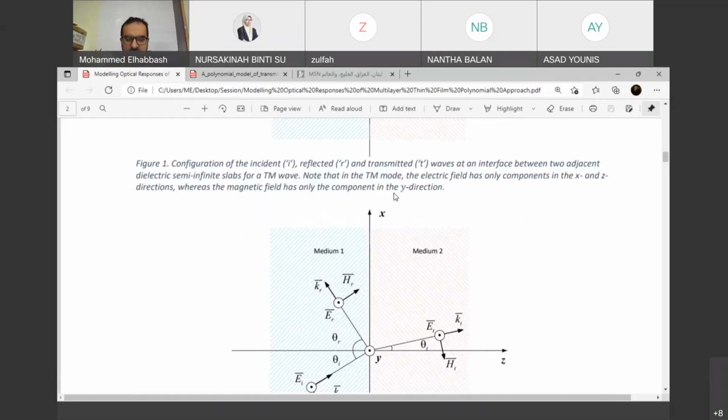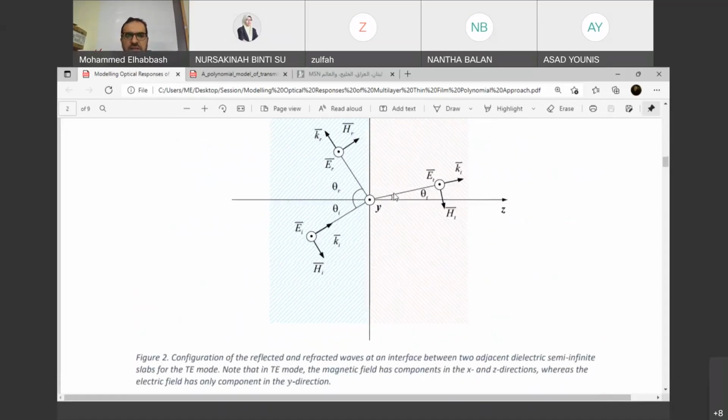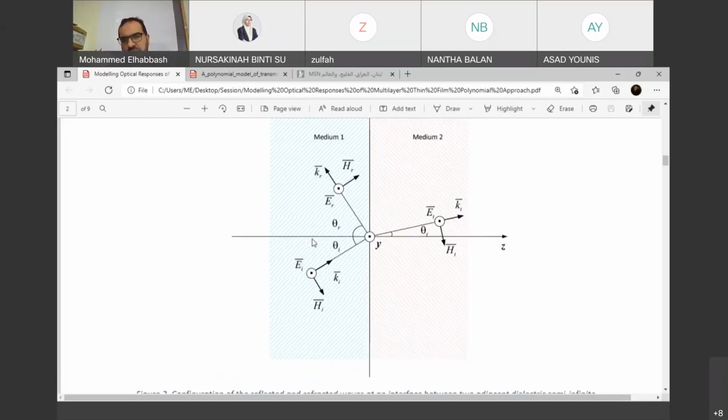On the other side, we see the electric field is in the Y direction. For example, this figure is designed to be in the Y direction, but it can be in the Z or X direction, no problem. But here we choose the Y direction. So the electric field here is in the Y direction, and at medium number 2 it is also in the Y direction, and for the reflection it is in the Y direction.